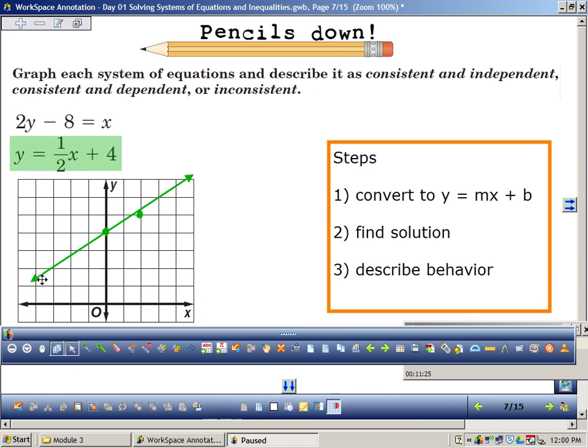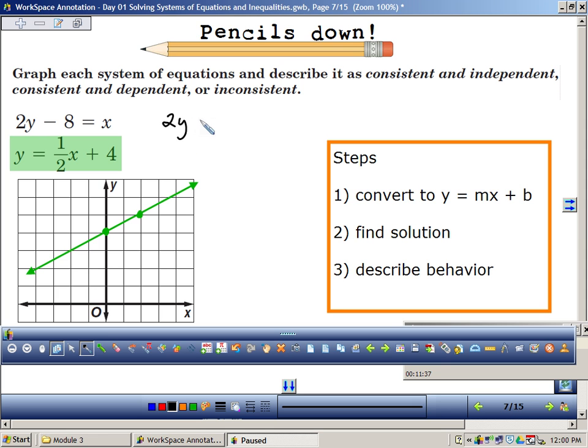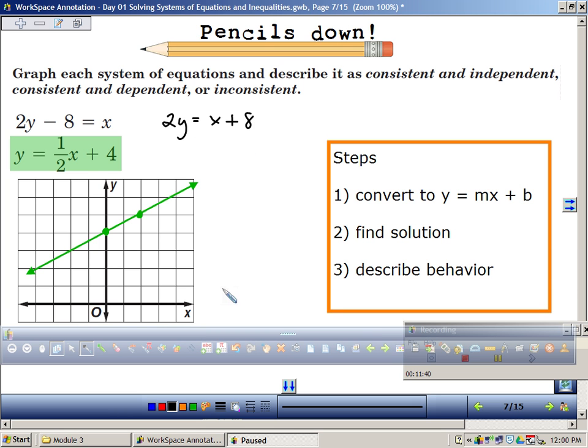So here's this line. It's a little off. That's a little bit better. Let me manipulate the other one. So I need to keep y on this side. So I'm just going to get the 2y equals x plus 8, correct? Then what do I do? Divide everybody by 2.